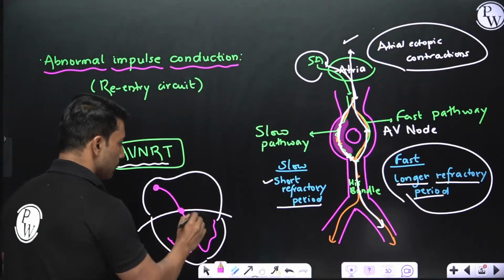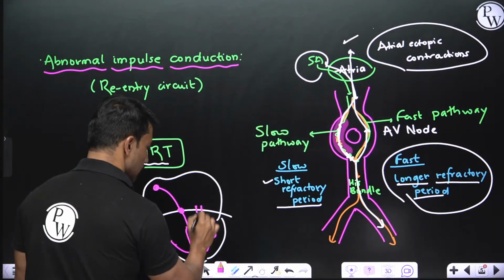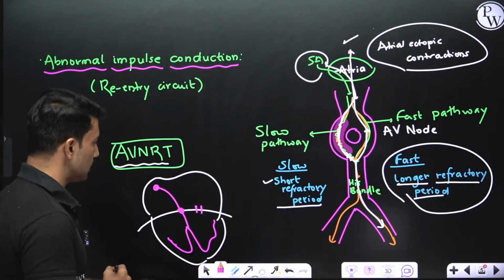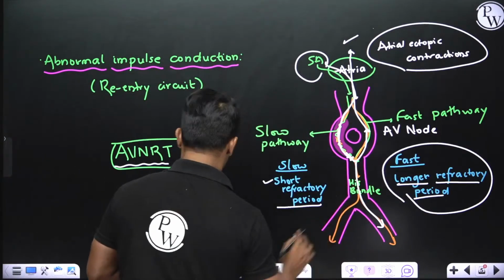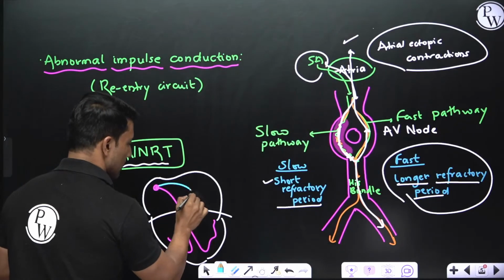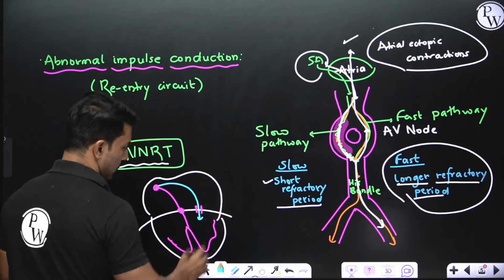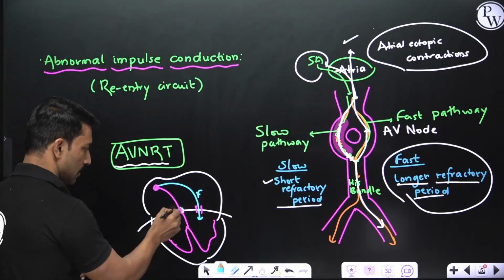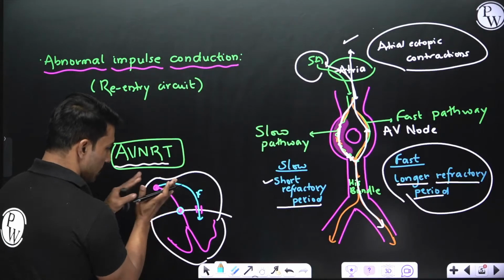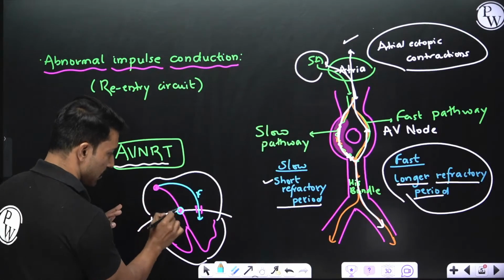But in case of WPW syndrome, there is an accessory pathway through which the impulse can pass from atria to ventricle. So now this is a fast pathway because there is no delay. The AV node is causing the delay, so that pathway may be conducting slower.